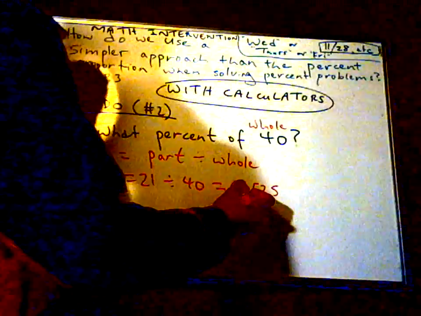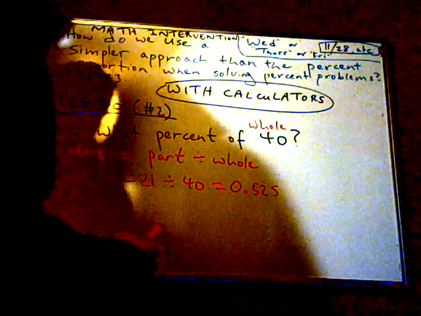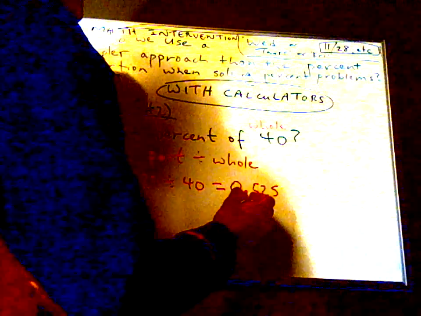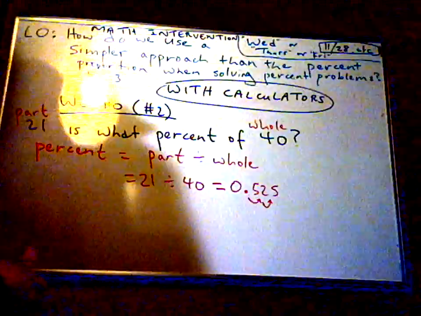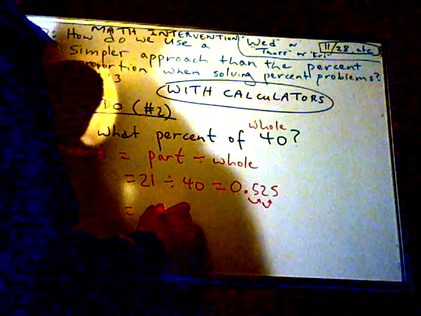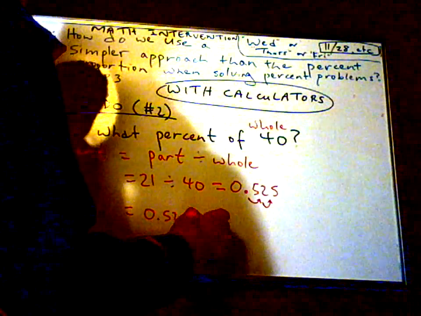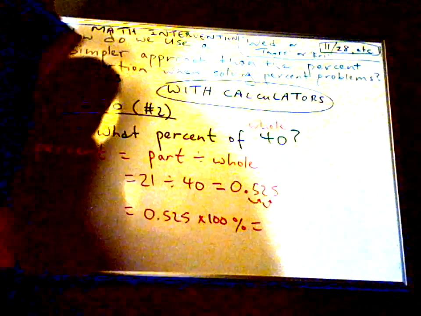And again, you can convert this in your calculator to a percent. This is just by moving the decimal point 2 places over, or you can say 0.525 times 100%, or you can use your calculator. You're going to get 52.5%, okay? That's the answer.